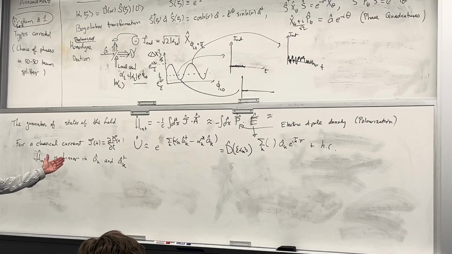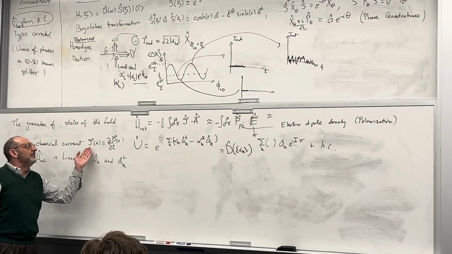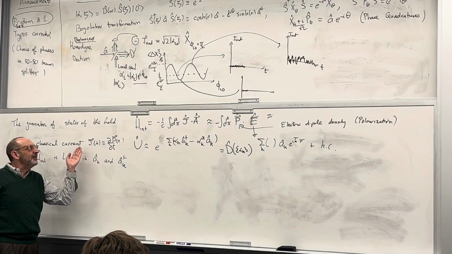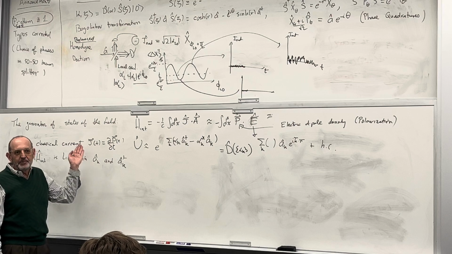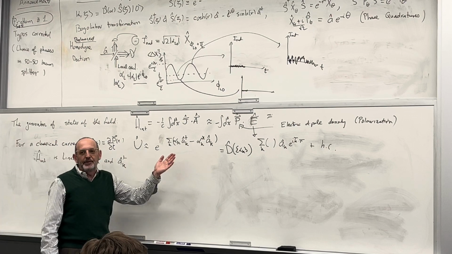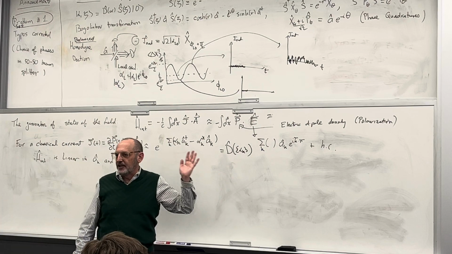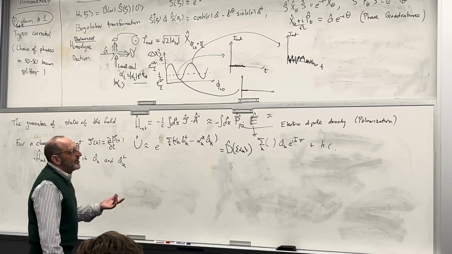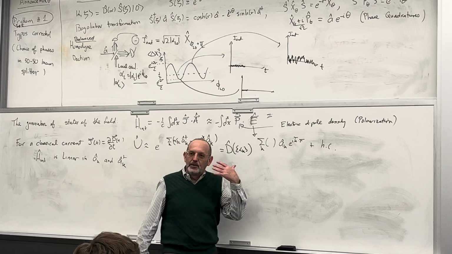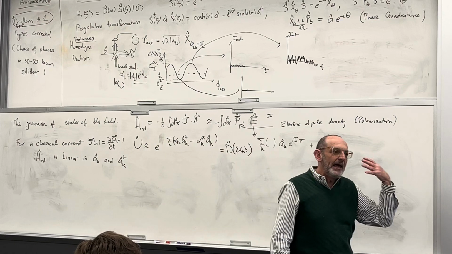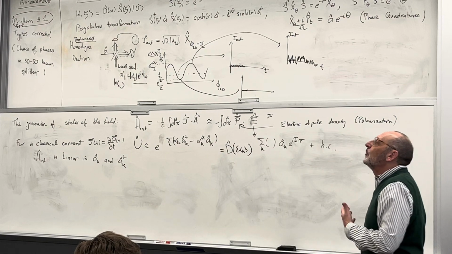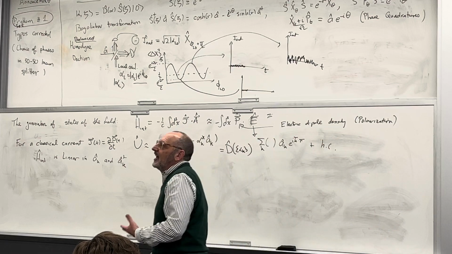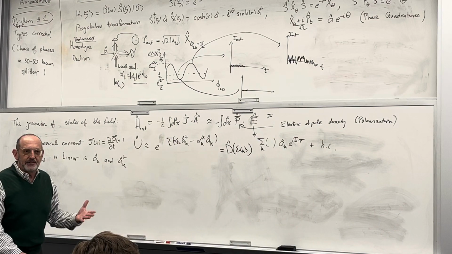Of course, if my current is unknown to me, and I have a random but classical description of the current, then I'll end up with some statistical mixture of coherent states, which will have some P representation, which is the statistical mixture, the weighting of those amplitudes, but I will never get anything that is not a statistical mixture, okay?